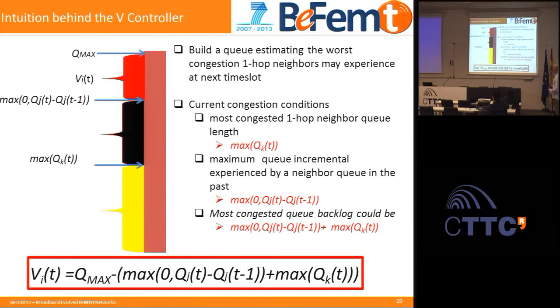We sum both components, and this is an estimation, in the worst case scenario, of the maximum queue that we will have on the next time slot. And the remainder to reach the bound of the buffer size is our V parameter.